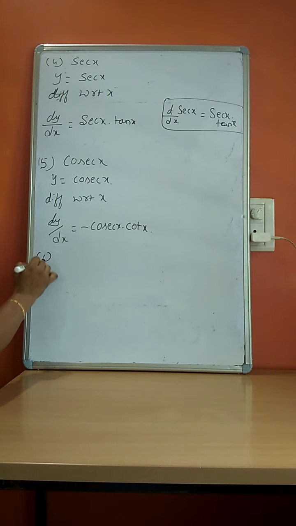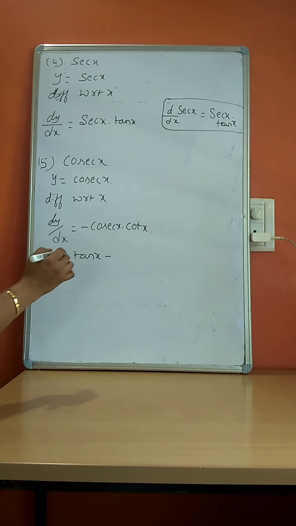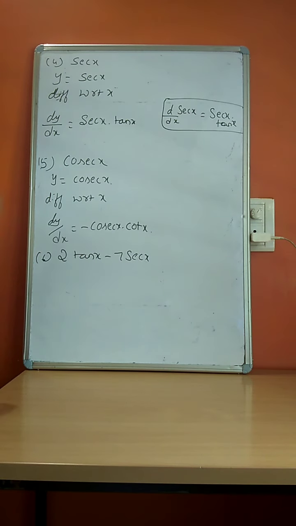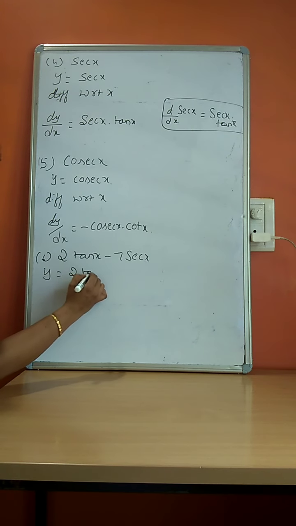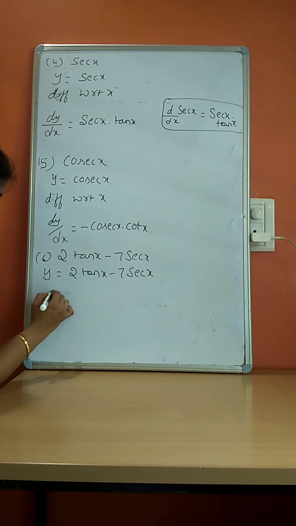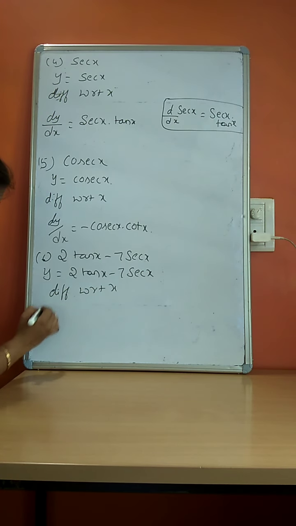Similarly, sixth one, 2 tan x minus 7 secant x. As usual, y is equal to 2 into tan x minus 7 into secant x. Differentiate with respect to x. Go for differentiation.